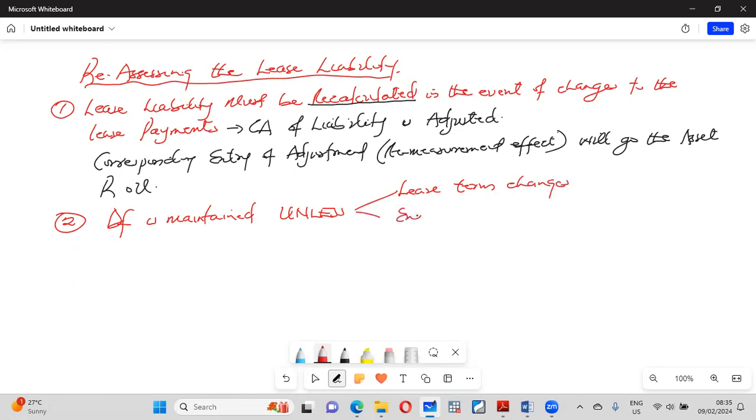Or there's reasonable certainty that the entity will exercise the option to purchase the asset. So the entity has reasonable certainty at that stage to exercise the option of purchasing the asset.